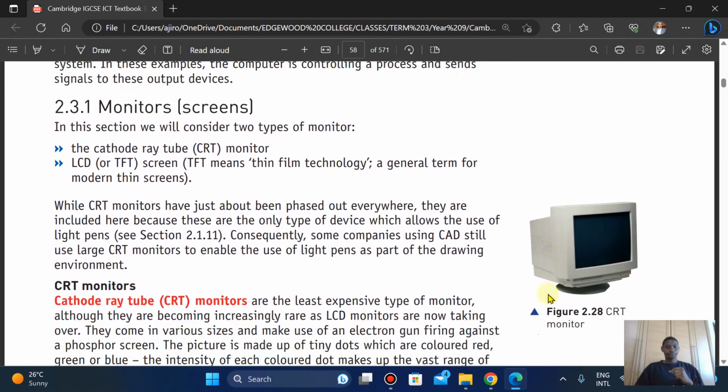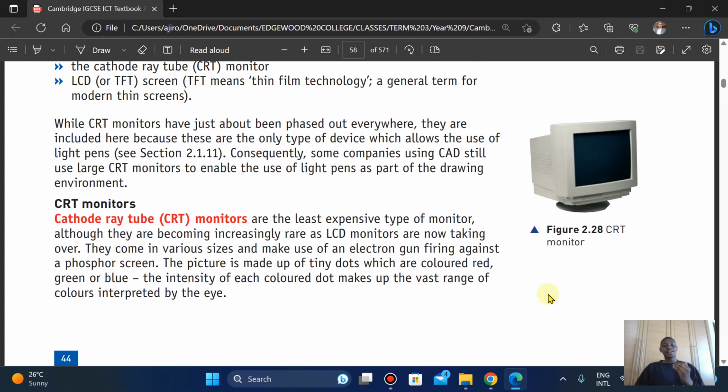Let's go down. Now, the CRT monitors have just about been phased out, right? There were times we had the CRT monitors, and now they're just gone. They're included here, and that's the reason why I want to talk about them. You might not actually see them, or if you're privileged to see them, good.